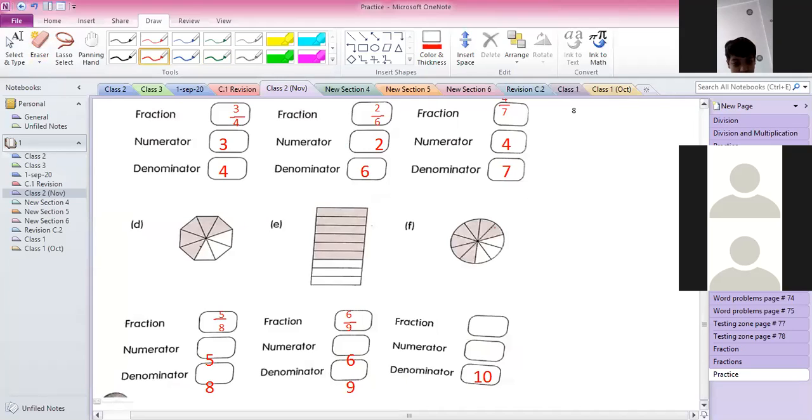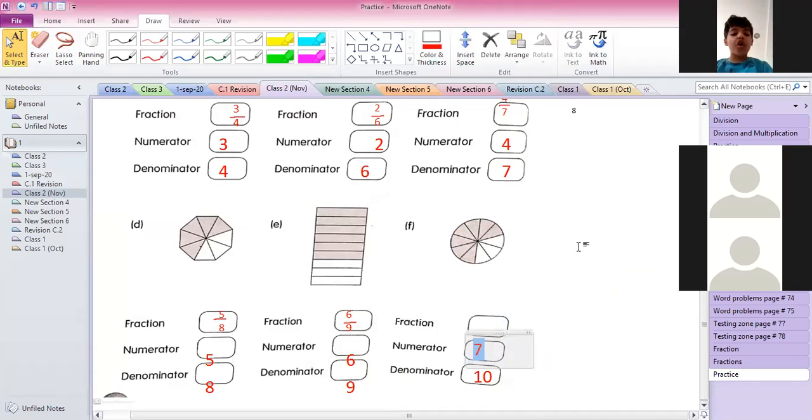I will count the shaded ones. 1, 2, 3, 4, 5, 6, and 7. So out of 10 parts, 7 parts are shaded. So I will write 7 in the numerator here.